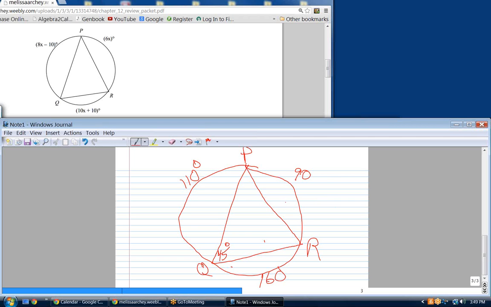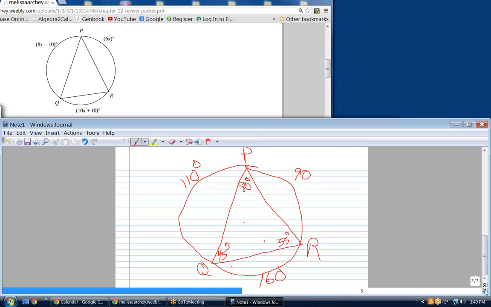And we'll get ahead of the game here a little bit with you. Here's the center of the circle, but angle R has to be half of 110, and angle P has to be half of 160. So there's the triangle.